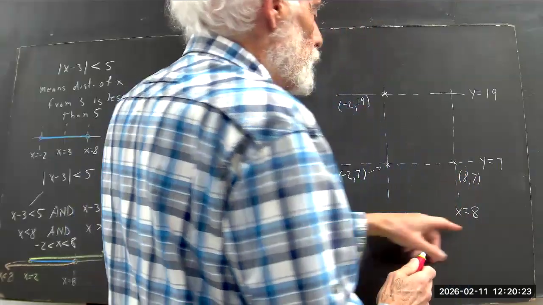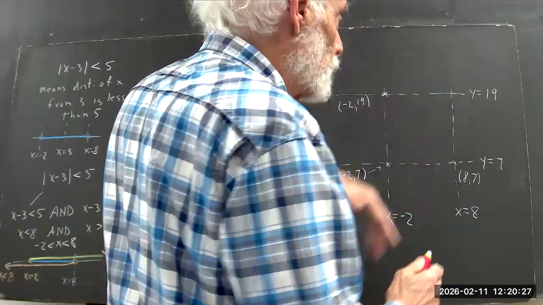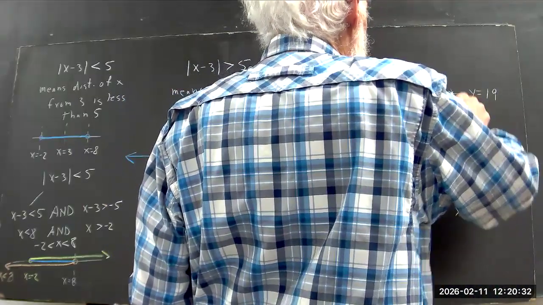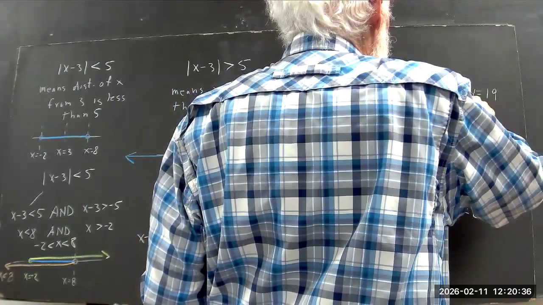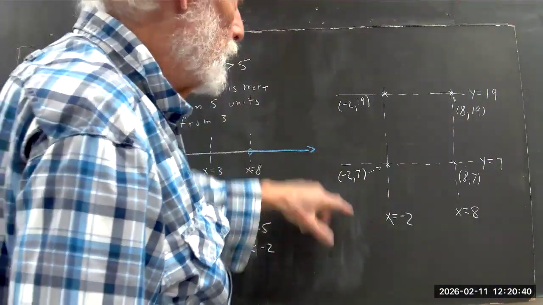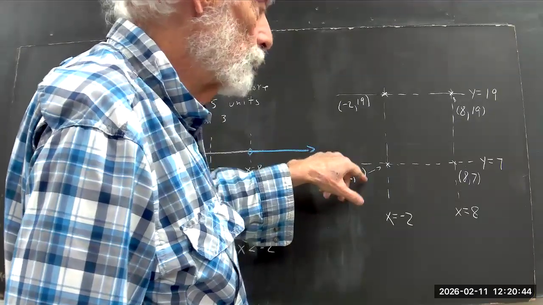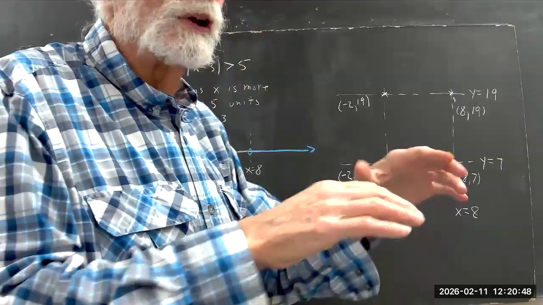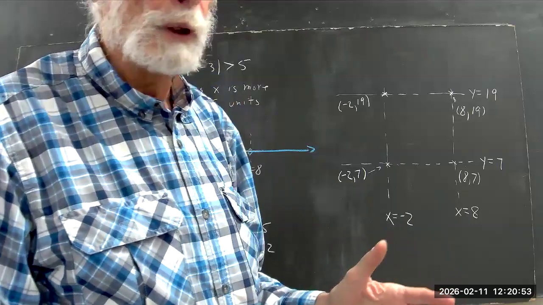The vertical line on the right is the x equals 8 line, and it intersects the higher of the two horizontal lines at y equals 19, and that point would therefore be 8, 19. And writing -2, 7, I'm writing the left parenthesis, -2, comma, 7, right parenthesis. So we indicate these points by ordered pairs within parentheses with a comma between the x and the y coordinate.